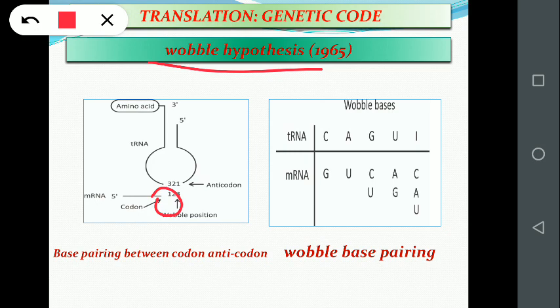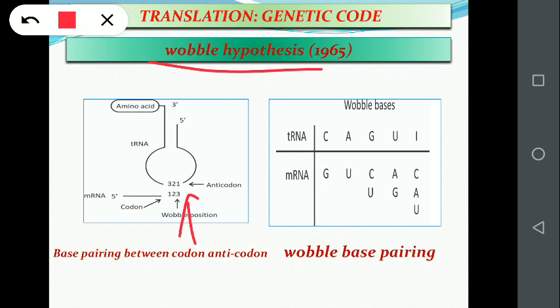Whereas in the case of the third base in the codon, it is known as the Wobble base, and this Wobble base interacts with the first base in the anticodon. That is not a completely specific interaction, because there is some flexibility between these two bases.